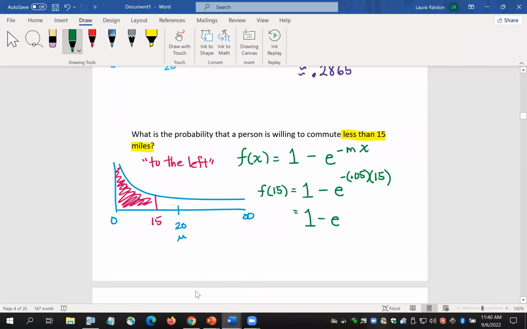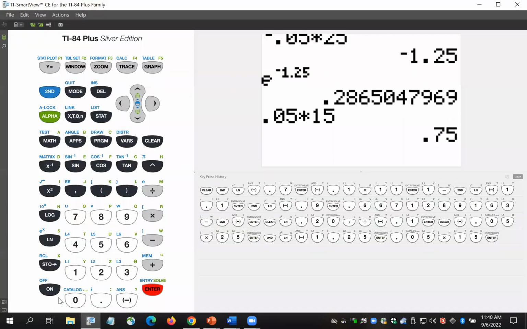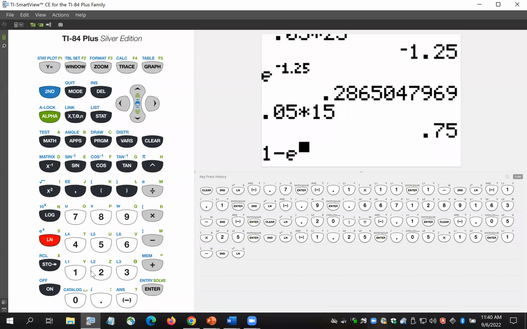I did forget my negative there, so negative 0.75. So then I'm ready to do the calculations. 1 whole minus e to the negative 0.75.